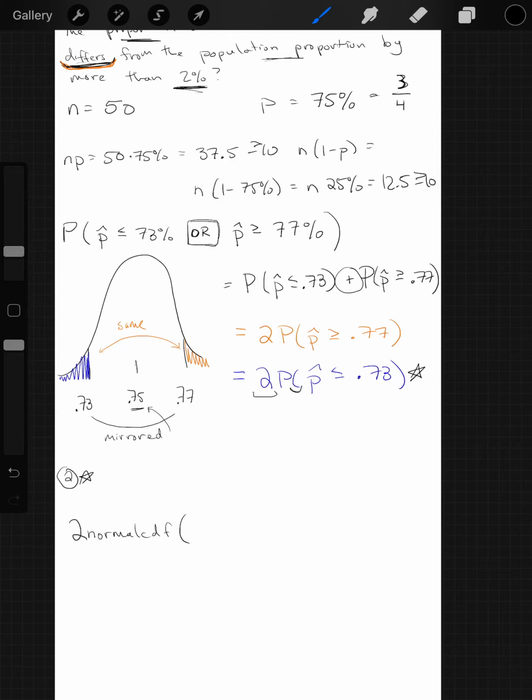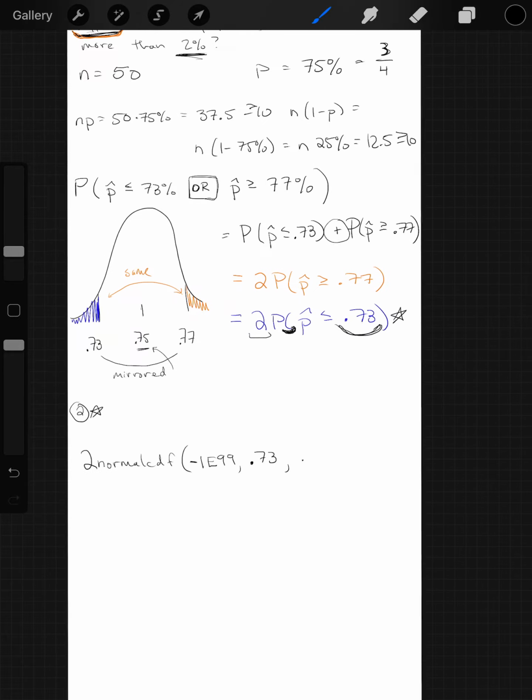We want something that's less than our variable, but we don't have anything there, so we're going to replace it with infinity as far as our calculator understands. We want the thing that's more than our variable, so that's 0.73. We want our mean and our standard deviation, so we better figure that out.